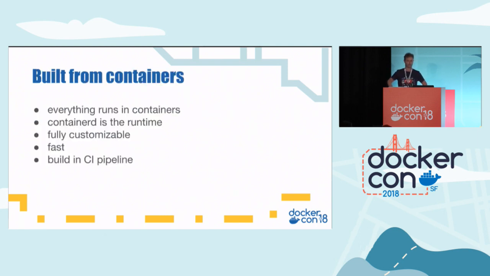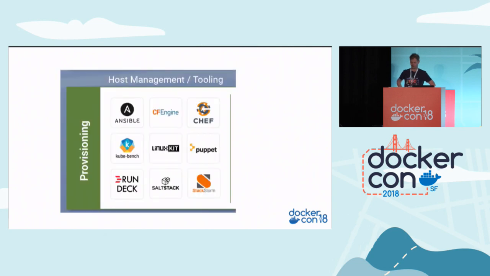Everything runs in containers. It runs on containerd. We were one of the earliest users of the containerd 1.0 series, and we've been dogfooding all the way along with the new releases, and with the CRI support as well. It's designed to be fully customizable and fast, and it's designed like containers to be built in a CI pipeline for building your whole system.